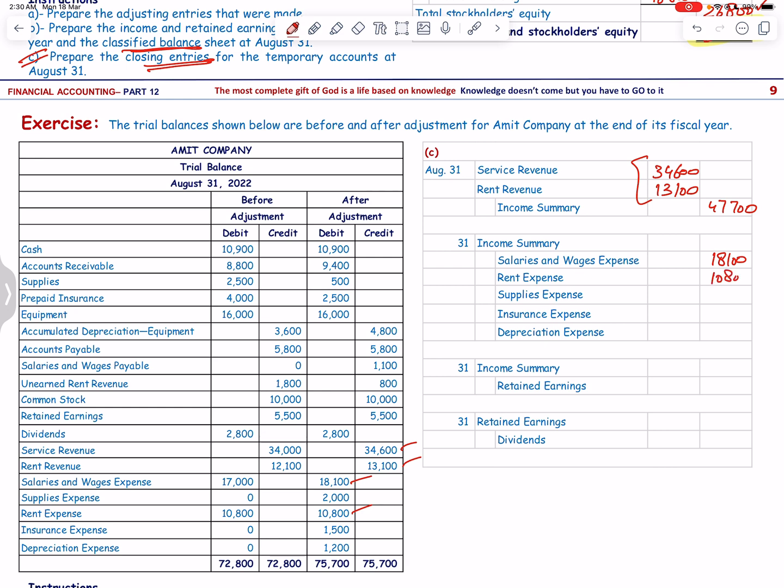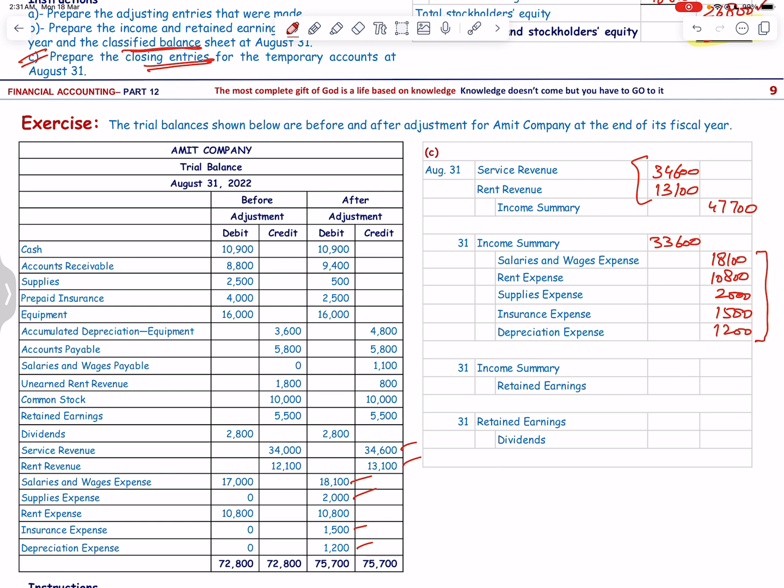Then we have insurance expense credit by 1,500. Then we have the depreciation expense of 1,200, and to close it, depreciation expense is also credit. And the total of all these accounts is 33,600.